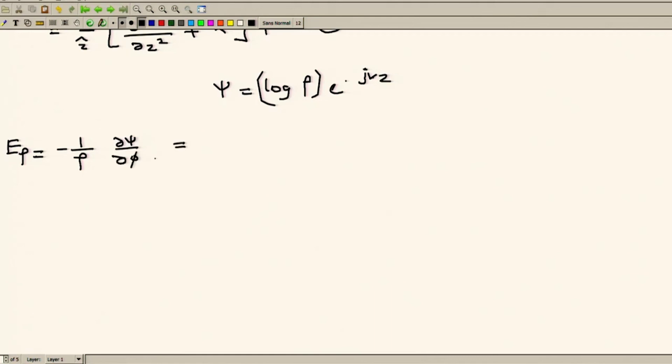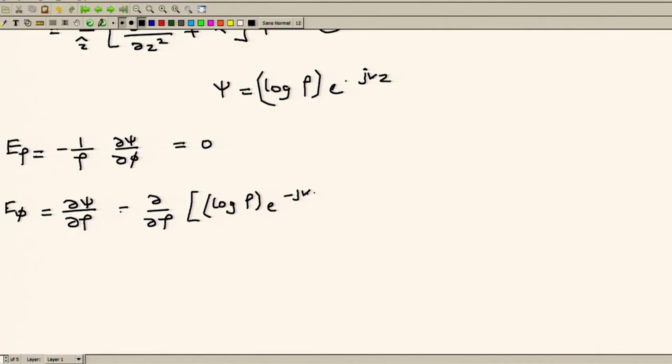With respect to phi, if we differentiate we will have 0. Then E phi we have del psi upon del rho, so it will be del rho of log rho e to the power minus j k z.